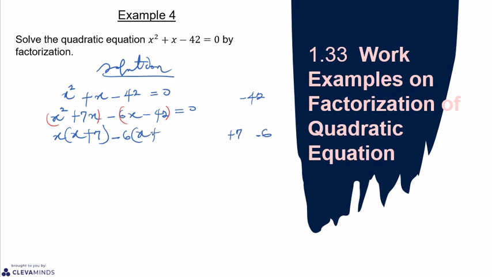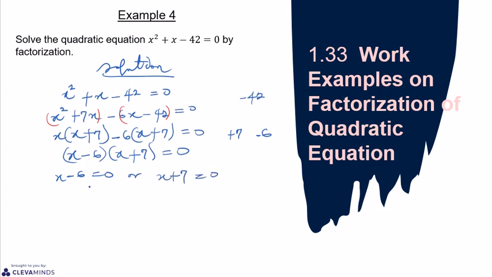I'll just copy the first bracket into the second bracket. So we have x minus 6 into x plus 7 equals 0. So remember, if the product of two numbers is 0, one of them must be 0. x minus 6 equals 0, or x plus 7 equals 0. So we have x equals 6, or x equals negative 7. So that gives us the final answer.